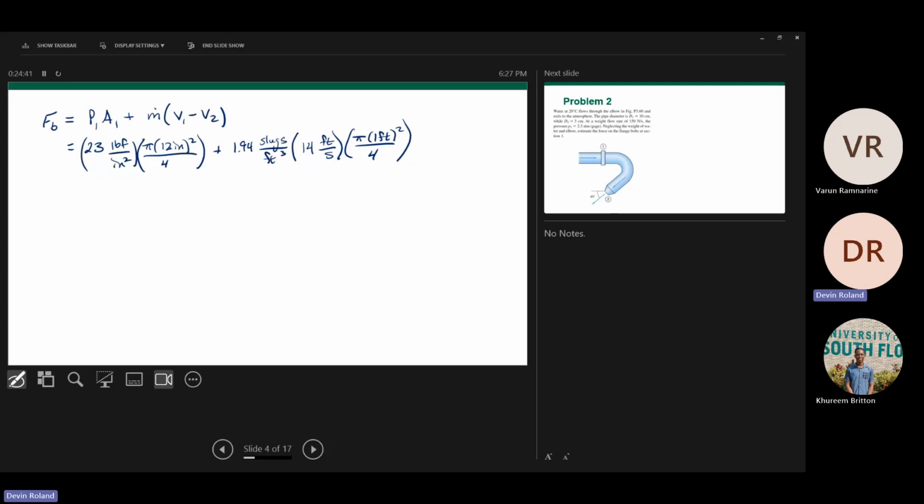Was that given the mass flow rate? That's density. Yeah, this is rho V A for section 1.